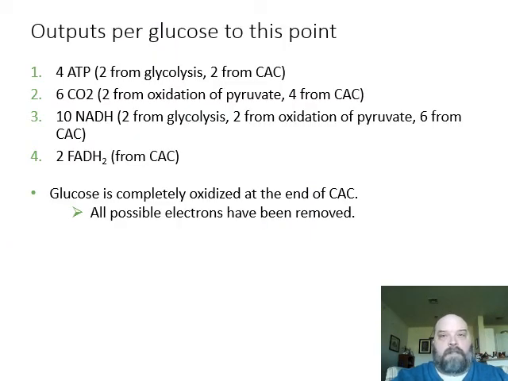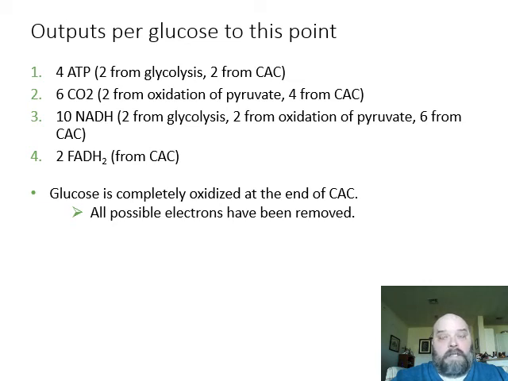So far, up to this point, for every 1 glucose, you get 4 ATP, 2 from glycolysis, 2 from the citric acid cycle, and you end up with 6 carbon dioxides. All the carbons from glucose have been completely consumed and released as a gas.